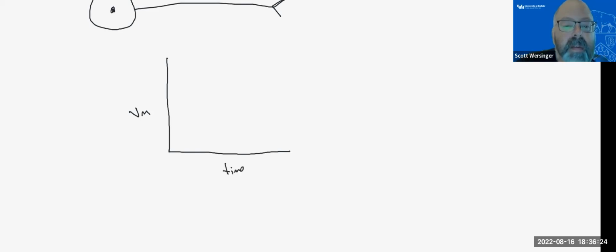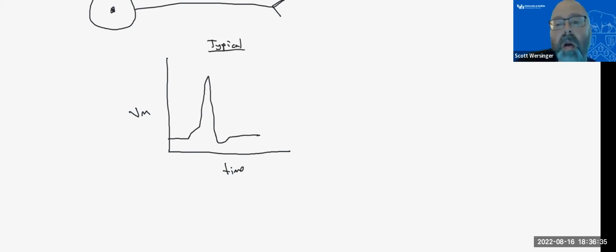Here is, let's say, your typical action potential. There's a toxin, tetrodotoxin.